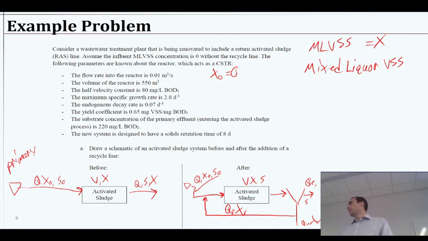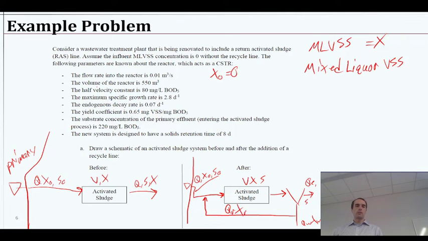Okay, so hopefully you chose something approximately like this, where if you wanted to draw the primary treatment, you'd probably have some sort of sedimentation tank, then send it to this spot. That's optional, because really what we're talking about is what happens here, so you can neglect that part if you'd like.